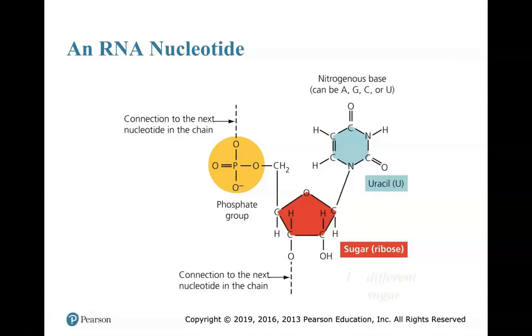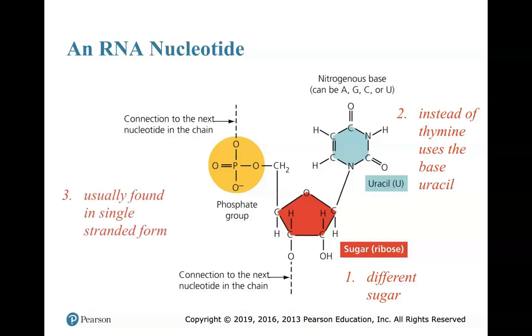Let's recap. Number 1, there's still a sugar in an RNA nucleotide. That's true. It's a different sugar. It's ribose instead of deoxyribose. Difference number 2, instead of thymine in RNA, that's replaced by the nitrogenous base uracil, uppercase U. So we have A, G, C, and instead of saying T, we say U now for RNA.